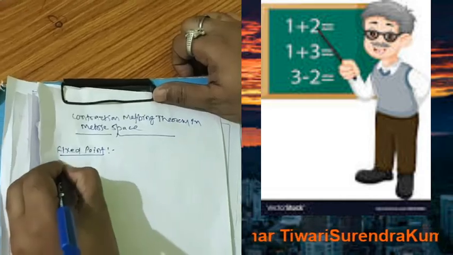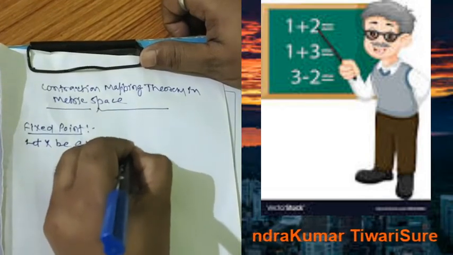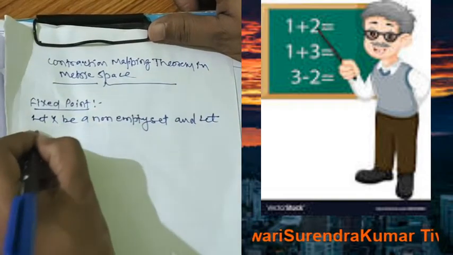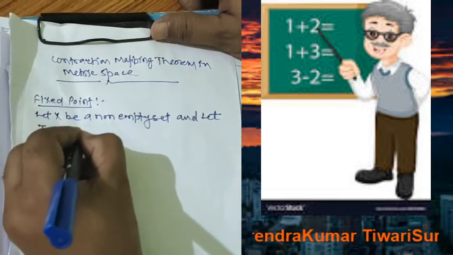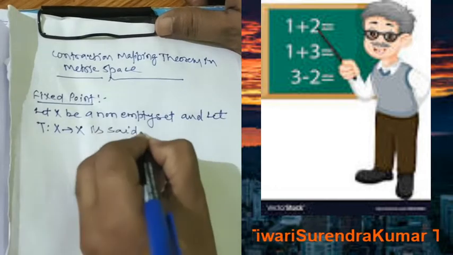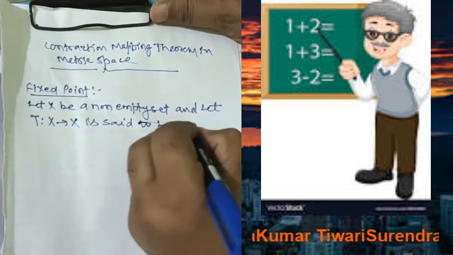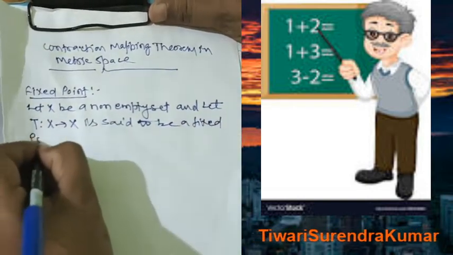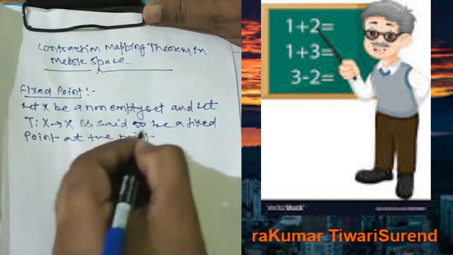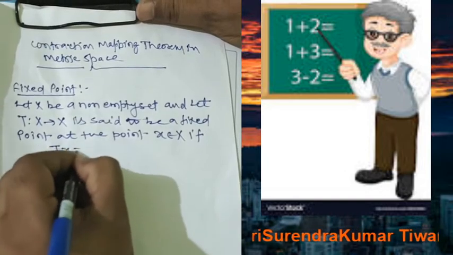Fixed point. Let X be a non-empty set and let T: X to X be a mapping. T is said to have a fixed point at the point x belonging to X if Tx is equal to x.